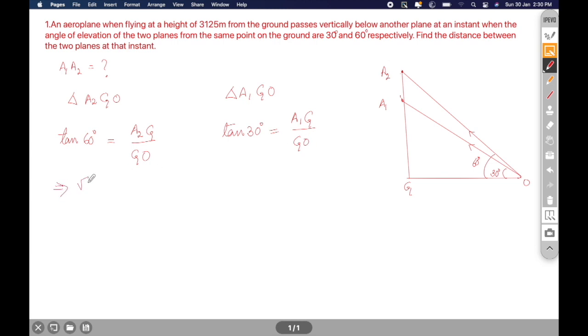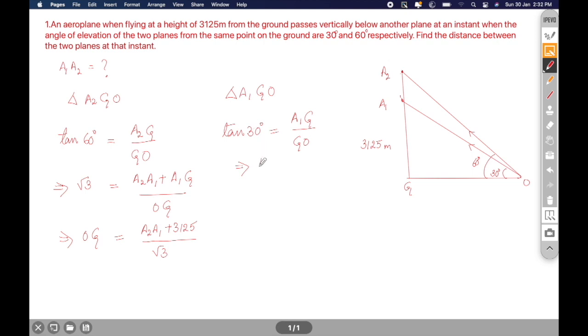Here tan 60 degrees means root 3. A1G is given as 3125 meters. A2G is not known, so A2G can be written as A2A1 plus A1G. So the value of OG will be A2A1 plus 3125 meters, all divided by root 3.